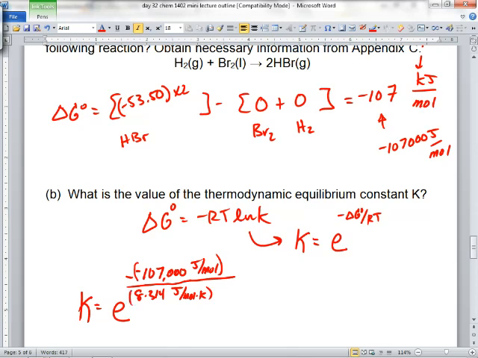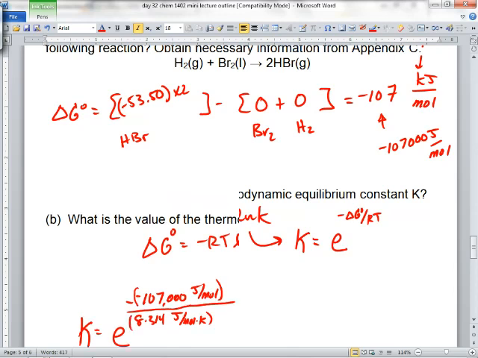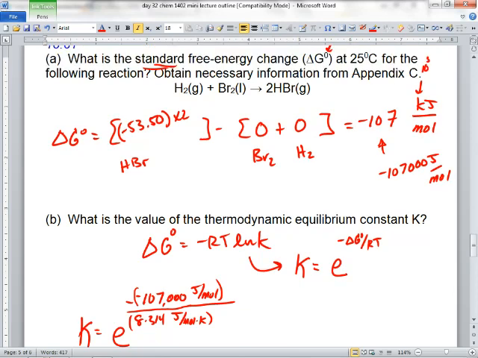And my T is what? Needs to be in Kelvin. What's the temperature where we're at? 25. So 298.